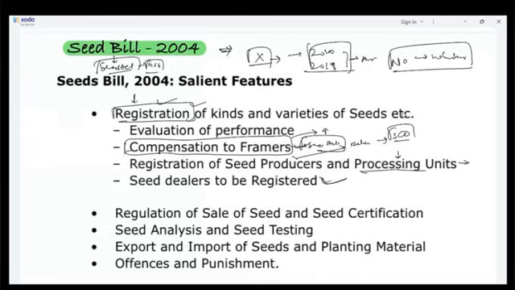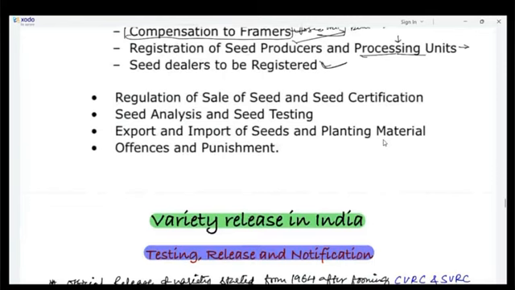For this reason, the seed bill was formed and proposed in the parliament. The main emphasis was given to registration, compensation, and registration of processing units. All the other things are minor, you need not worry about them.